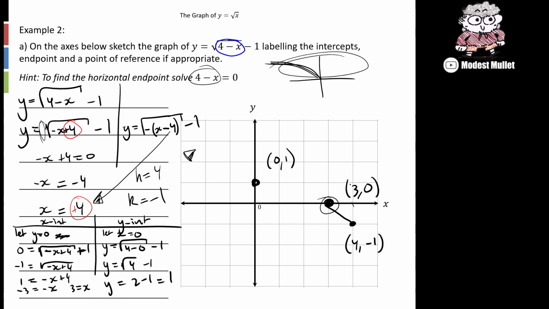You want to start going somewhat vertically, because it is technically an inverse quadratic, and all quadratics have a flat bit like that. So technically, all square roots should be flat at this turning point or endpoint that it's coming out of. So my shape was terrible there. You want to go up and then around, and then put our arrow on the end, and we're done.